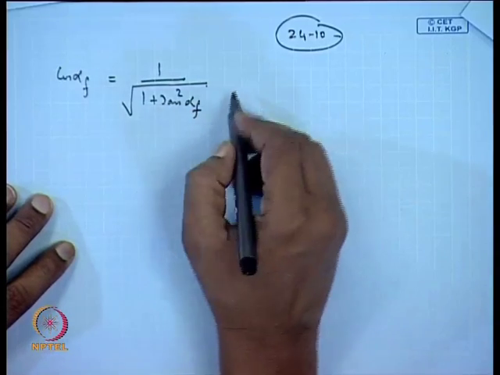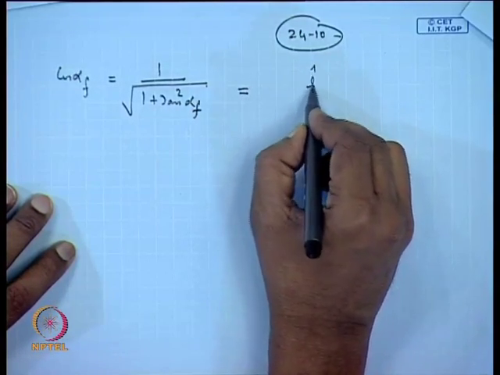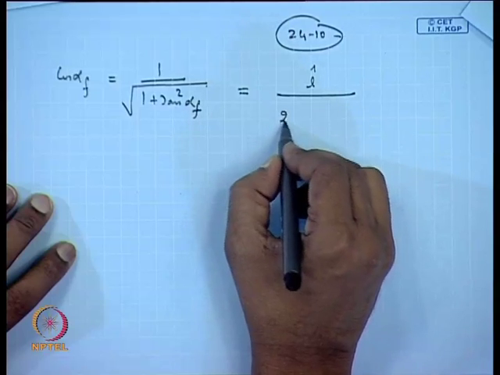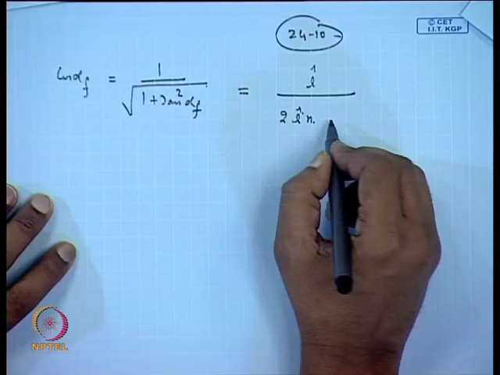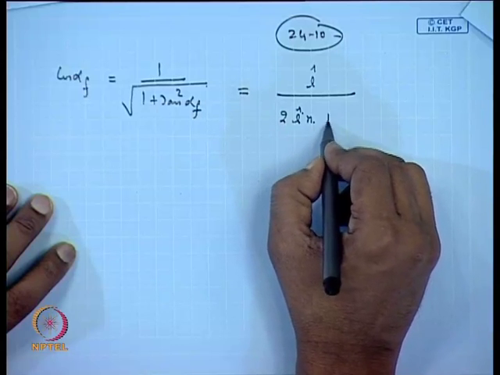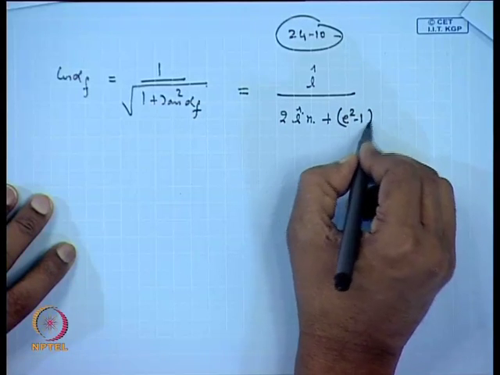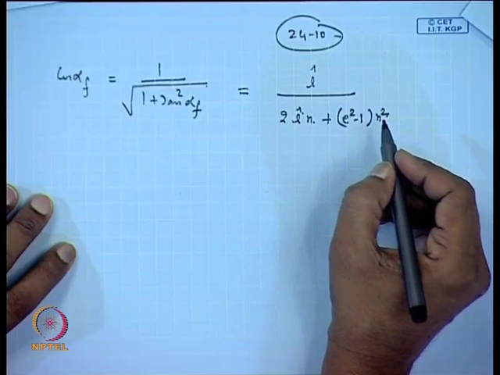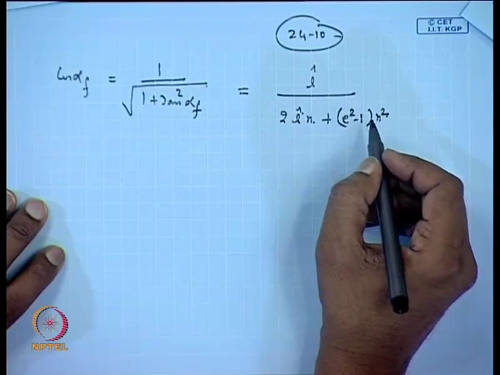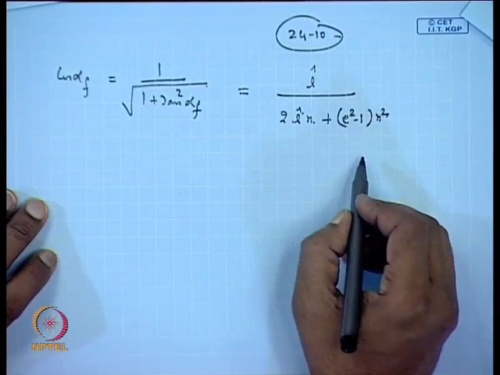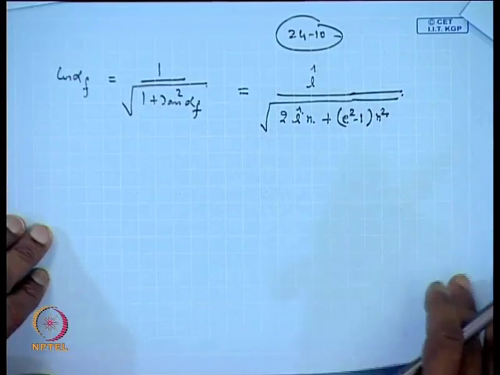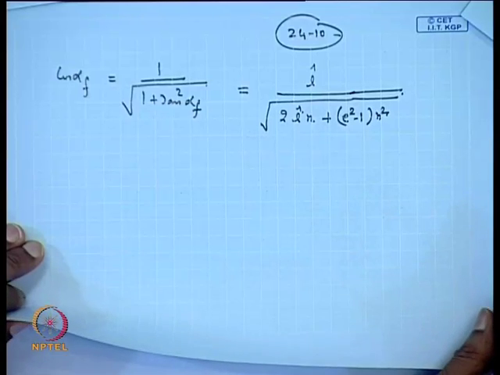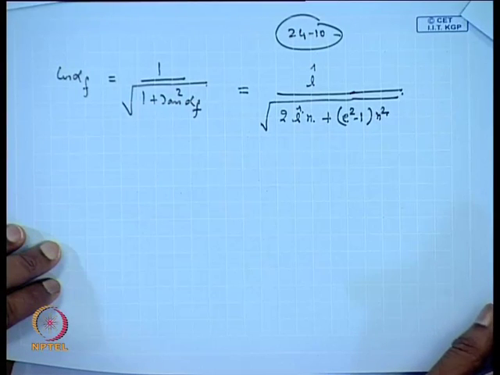Okay, inserting these values and simplifying it, finally you will get L cap divided by 2. Okay, so, we have got finally the alpha I and alpha f.